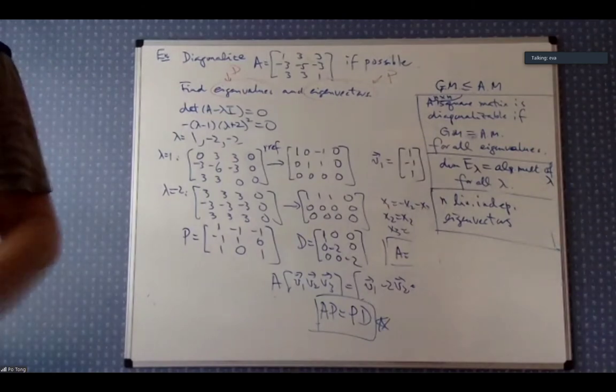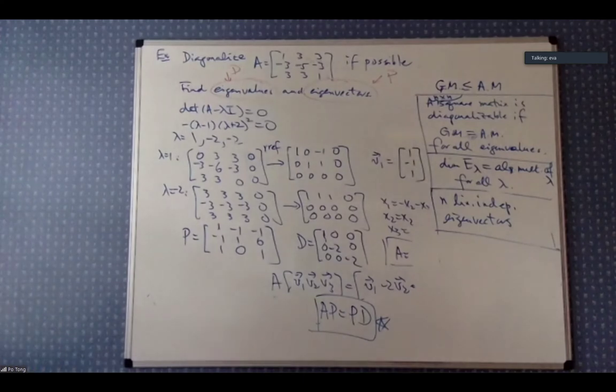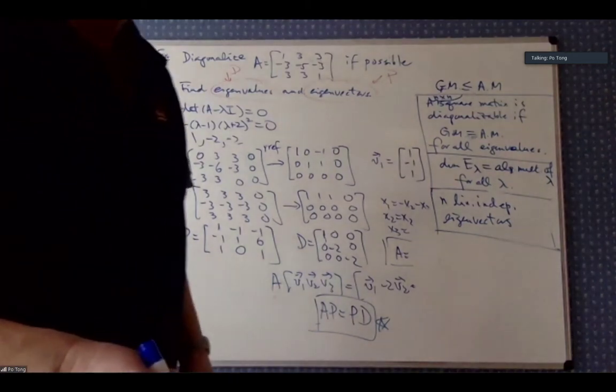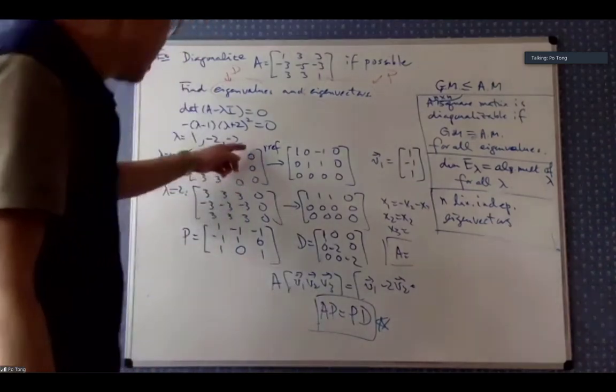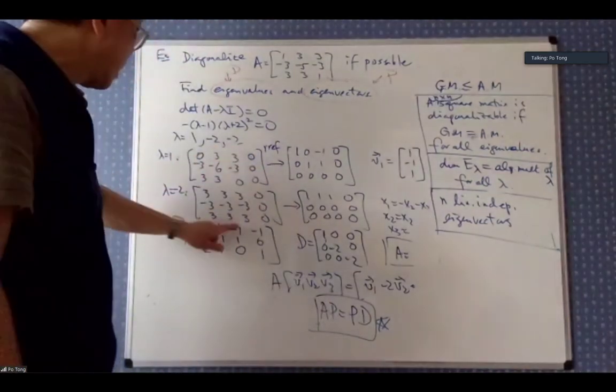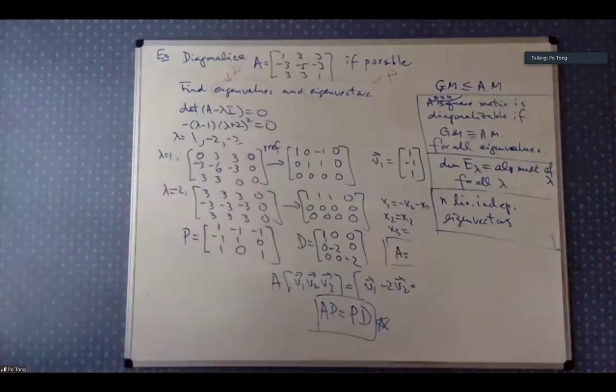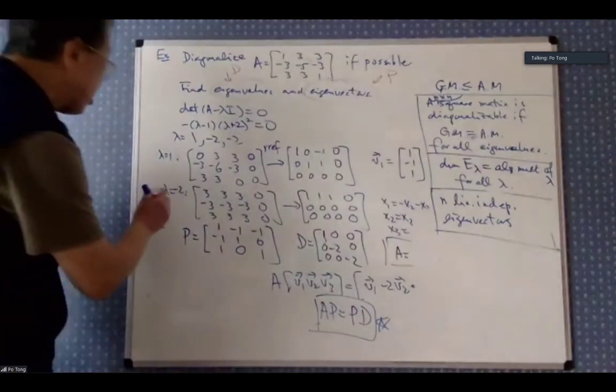When the lambda is -2 for both of those eigenvectors, do they have to be linearly independent? Yeah, they have to be linearly independent, because in this case we are looking for the eigenspace to have dimension 2, okay?